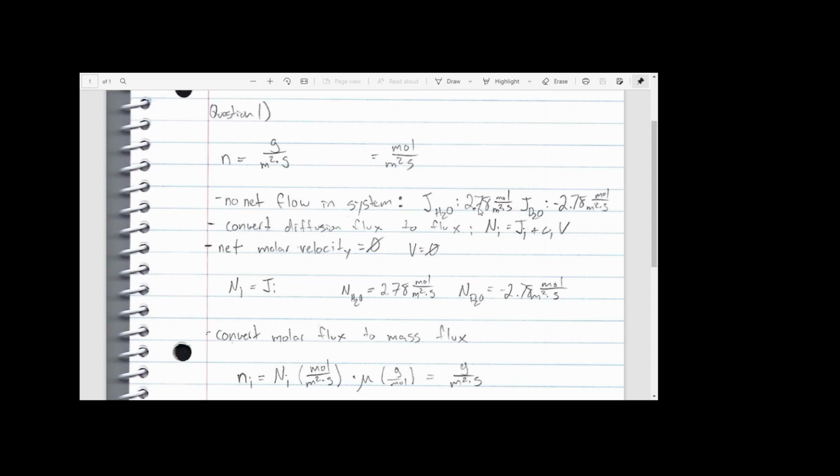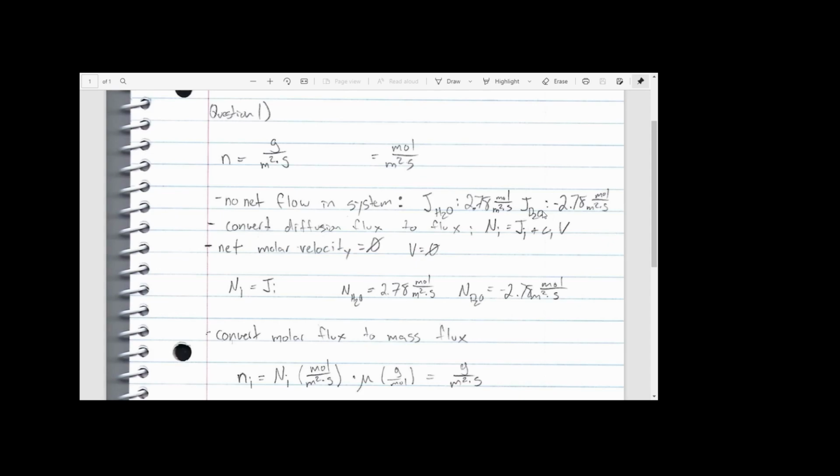Because the question dictates that this is a closed system, there is no net flow in the system. With the given molar diffusion flux of 2.78 for water, and the overall diffusive flux being zero, deuterium must be negative 2.78 moles per meter squared seconds.